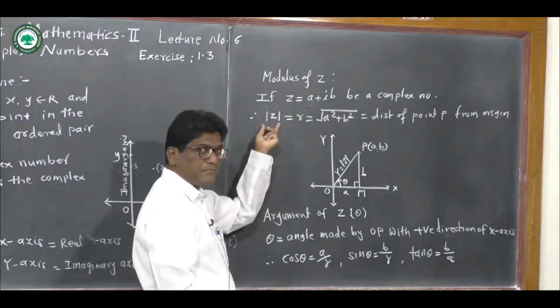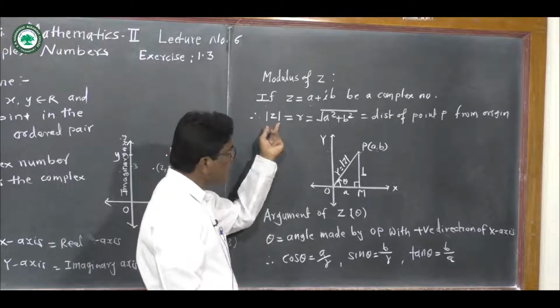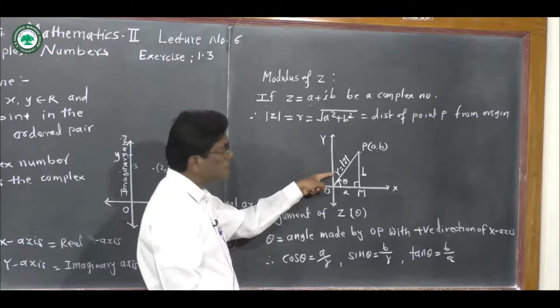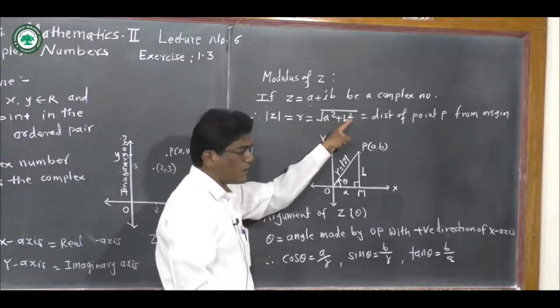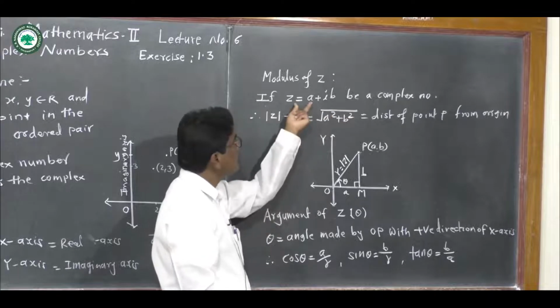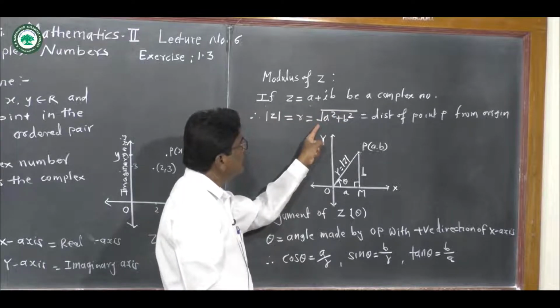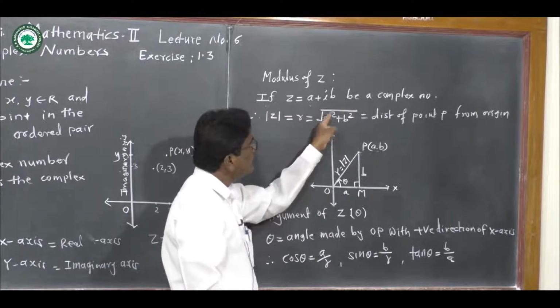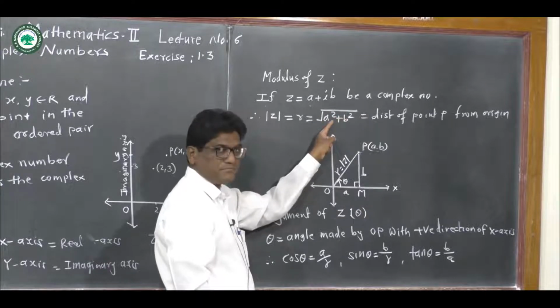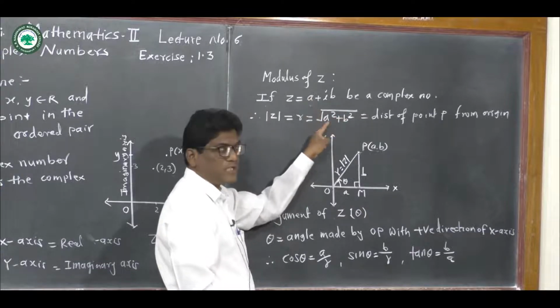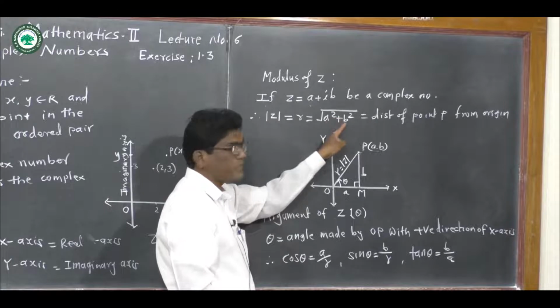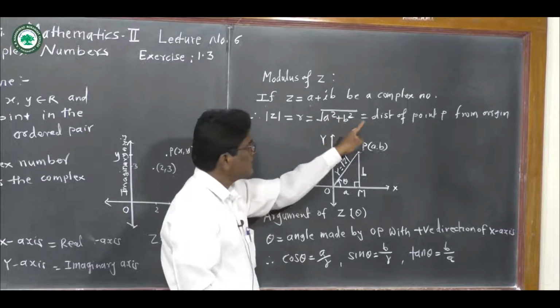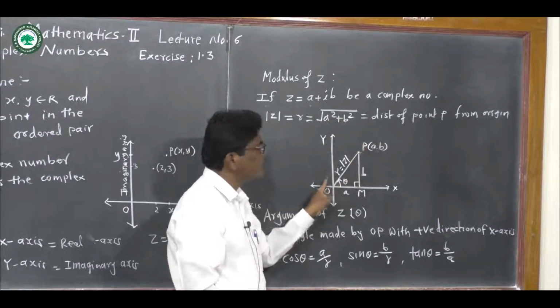Then mod of z, which we denote by r, is under root of a square, the real part squared, plus b square, the imaginary part squared, and that is nothing but the distance of the point P from the origin.